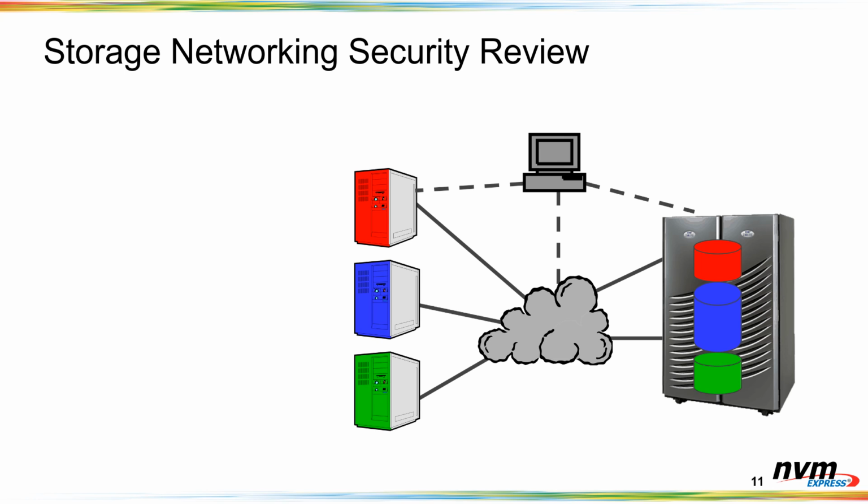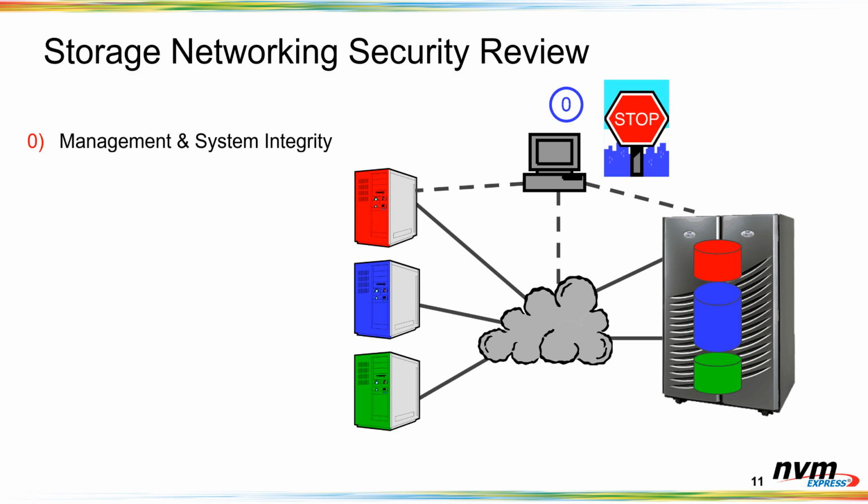Okay, so quick security review of the various elements of security technology. We have management and system integrity to put a stop to access through the management channels. We have storage access control that ensures that blue storage, in this case, is only accessible to the blue server.